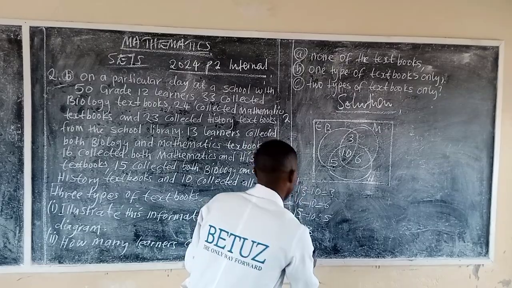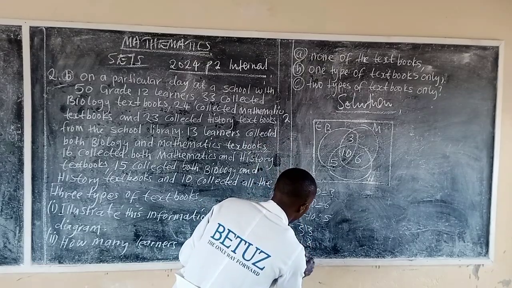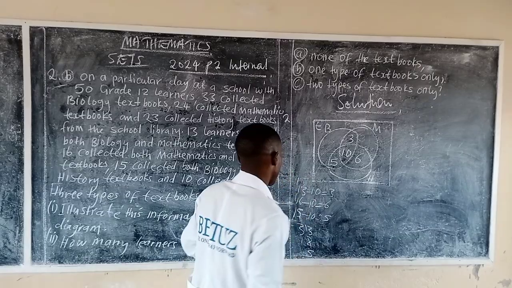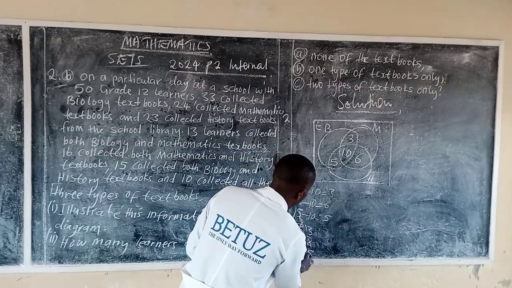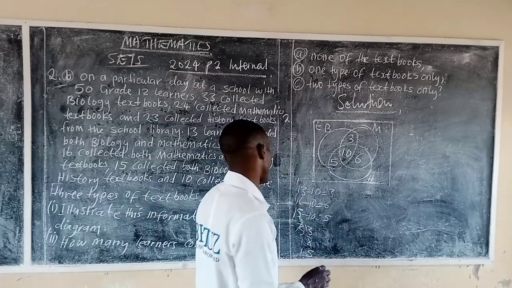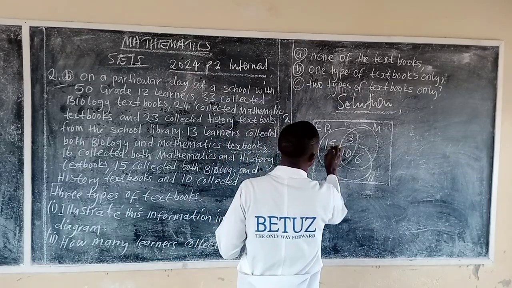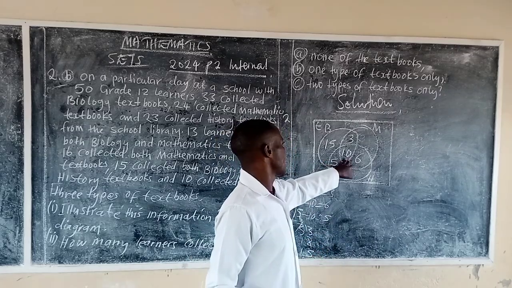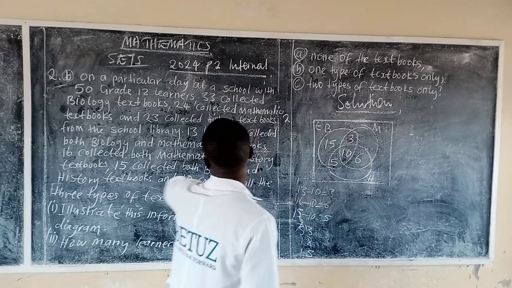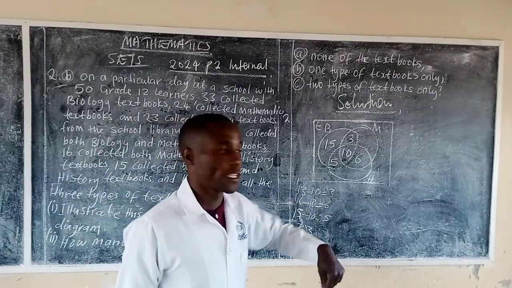So 33 minus 18, 13 minus 8, you are going to have 5. Then 2 minus 1, because here we have the 2. So that will be 15. So here we are going to have 15. And for sure, when you add 15 plus 5 plus 10 plus 3, it should give you 33. That is the total number of learners who corrected biology.